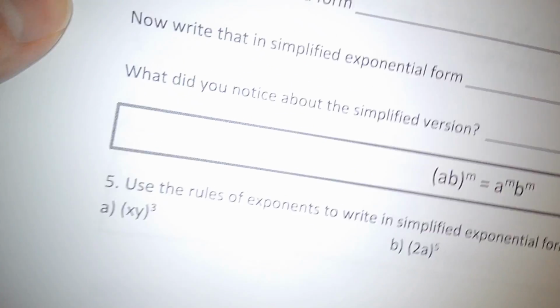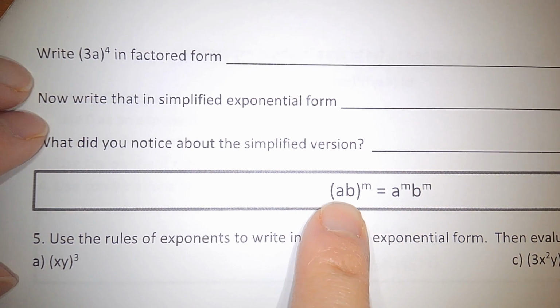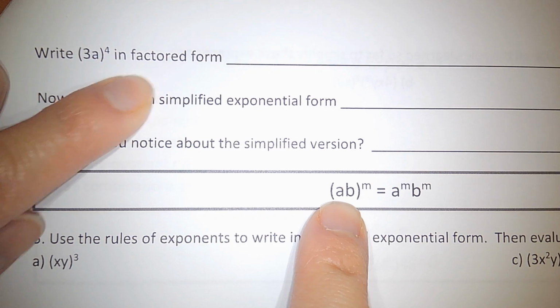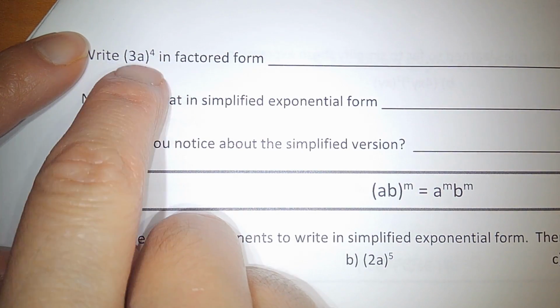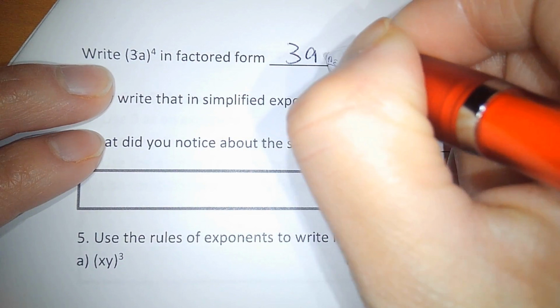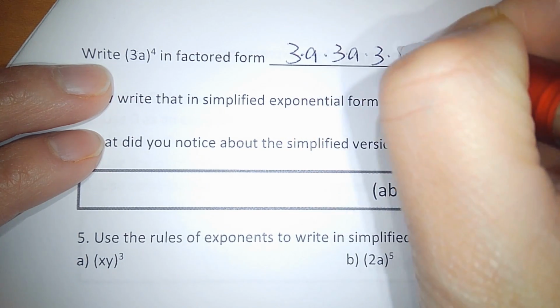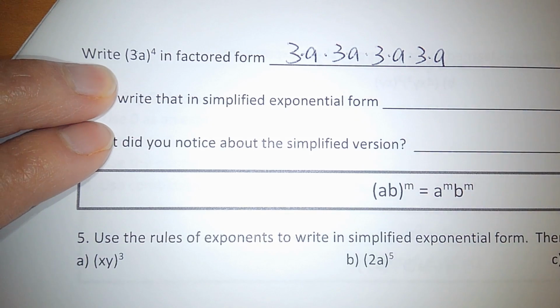Alright, now let's look at the other rules, okay? Write 3a to the 4th power in factor form. 3a, we have to multiply 3a by how many times? 4 times, right? So 3a times 3a times 3a times 3a. 1, 2, 3, 4.